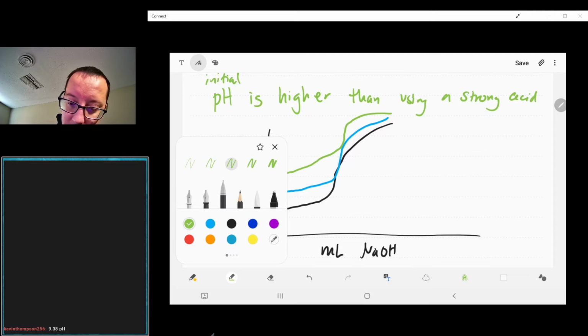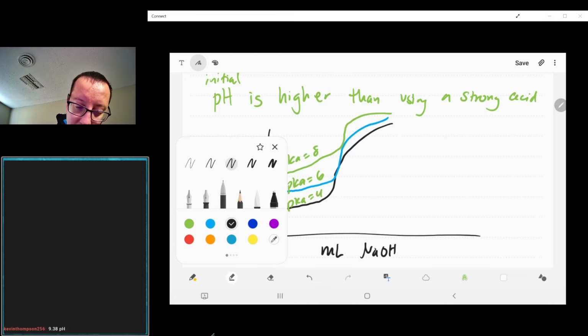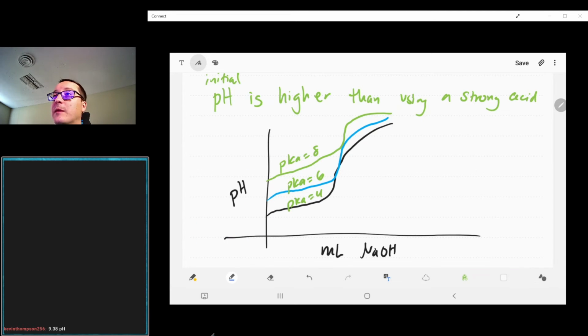These are just terrible, but let's say that the pKa of this one is 8, pKa is 6, pKa is 4. Notice some interesting things about these.